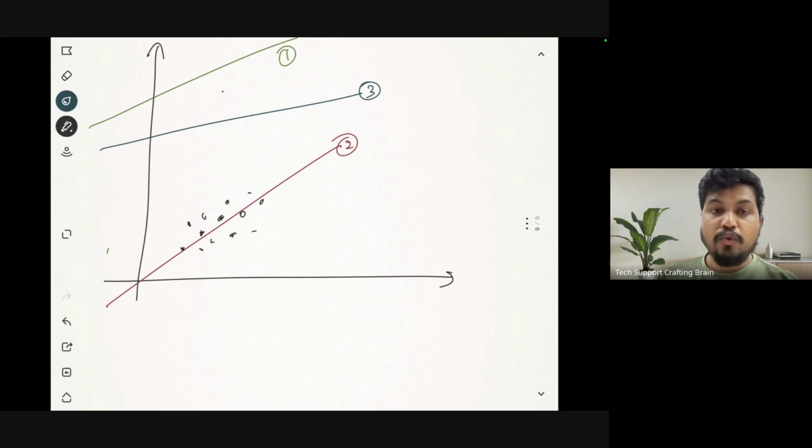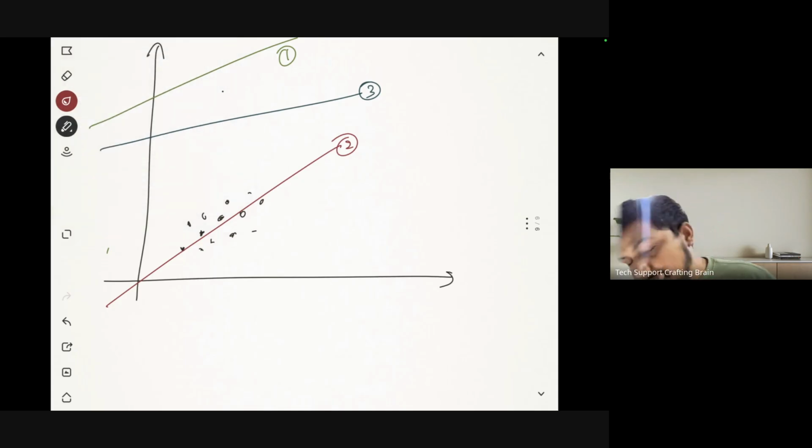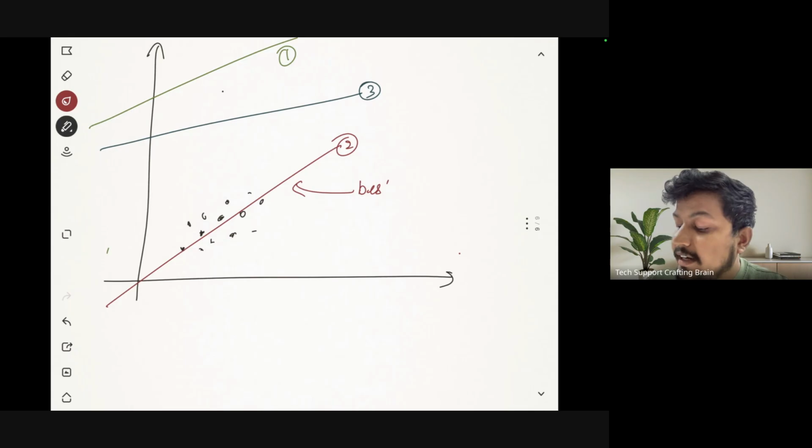Now tell me, guys, which line is making a better prediction? First, second, third? The second line is making a better prediction because it is closer to the data points. And this line we are going to call the best fit line.